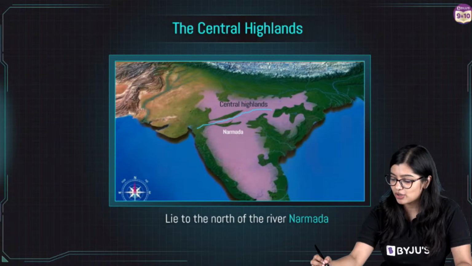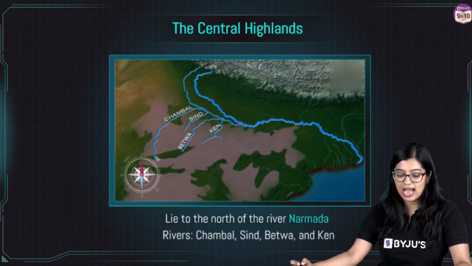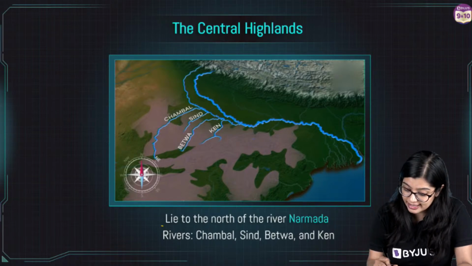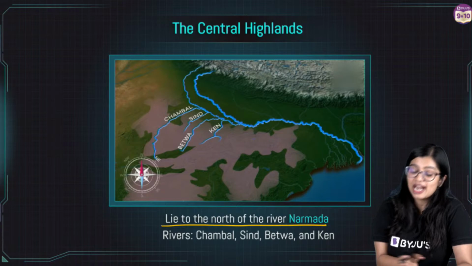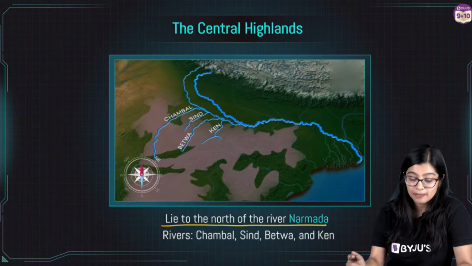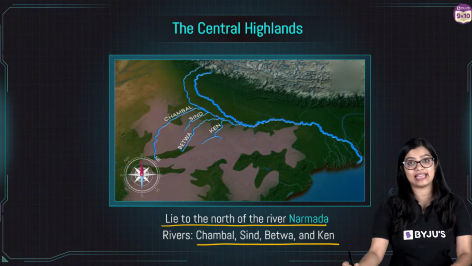Now again, when we talk about our central highlands, we know that the central highland lies towards the north of Narmada, but it is drained by various rivers. So it has Chambal, Sindh, Betwa and Ken.